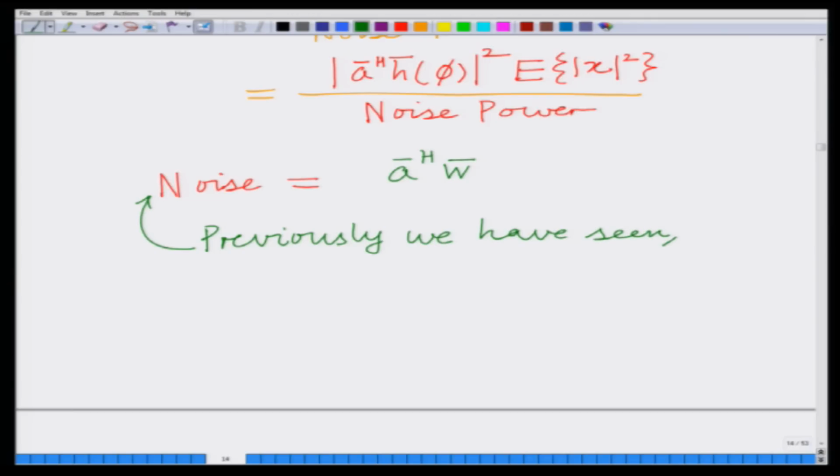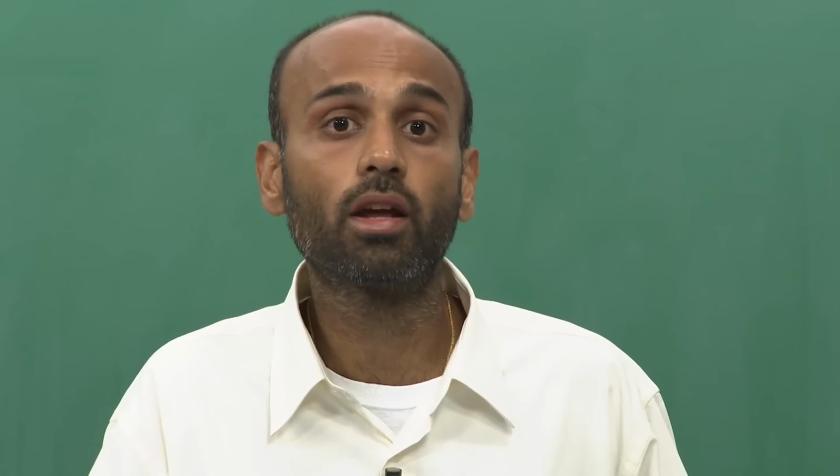We have seen that if W1, W2, WL are IID Gaussian with 0 mean, we are performing a linear combination of Gaussian noise samples. Therefore, when we combine them with the coefficients A1, A2, AL, the resulting noise, A bar Hermitian W bar, is Gaussian in nature. Further, if each of these samples is 0 mean, then the resulting noise is also 0 mean.